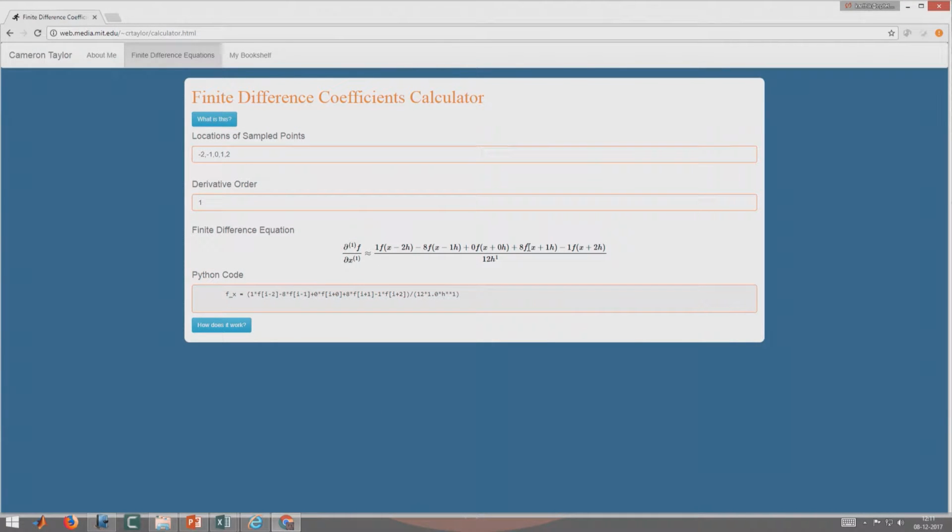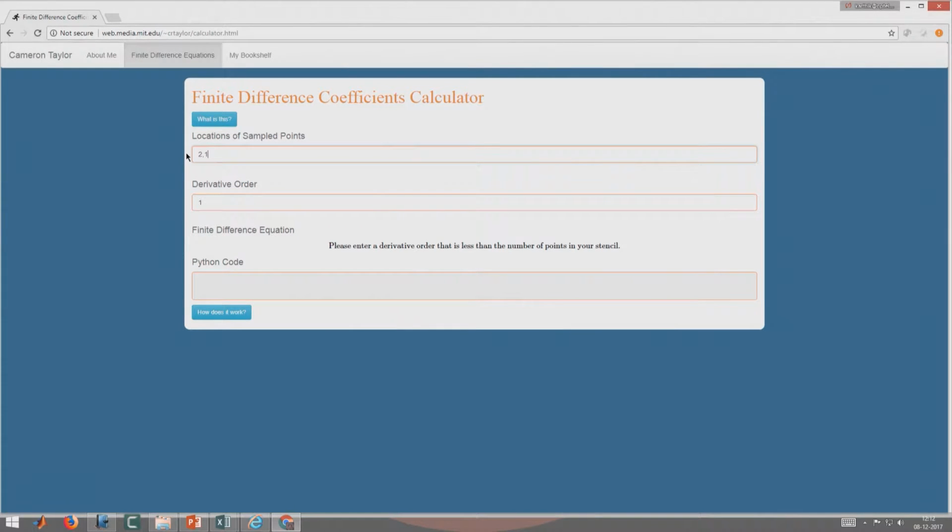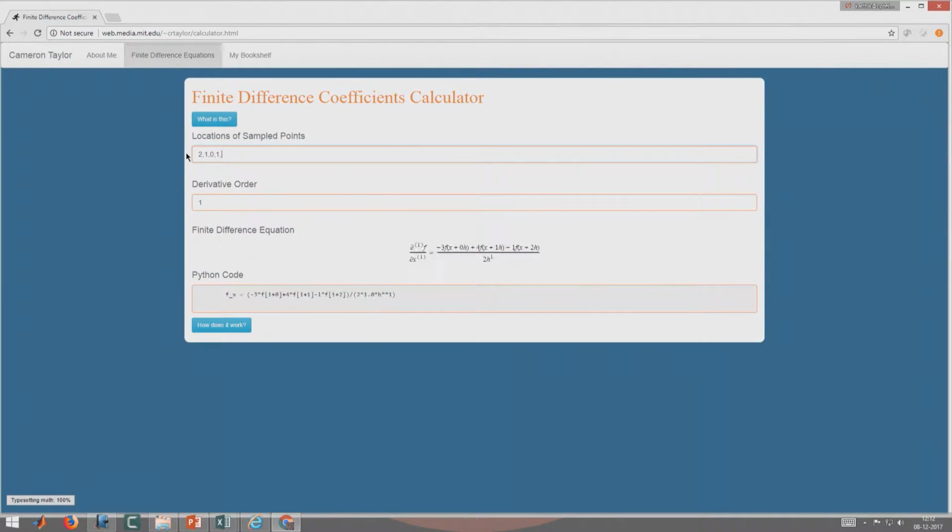So we have 8, 8, minus 1, plus 1. We can change these sample points and you will end up with different coefficients. For example, if I change it to 2, 1, 0, 1, 2, you see this is how it will look like. So it is estimated at 0, it is estimated at plus h, plus 2h, and the coefficients are minus 3, plus 4, and minus 1.